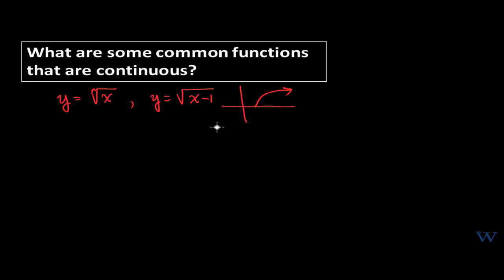Its domain is from 1 out to plus infinity. So it is continuous from 1 to infinity, and of course it has endpoint continuity, because it only has a limit at the endpoint, and it's equal to its function value there.